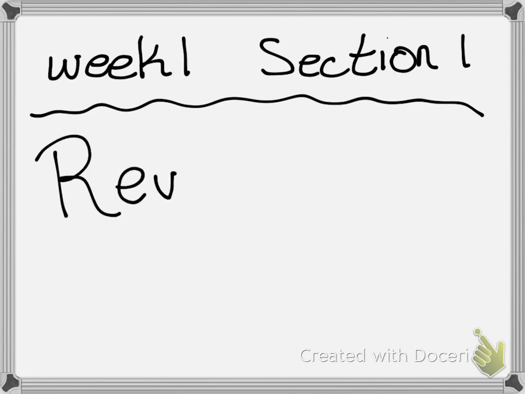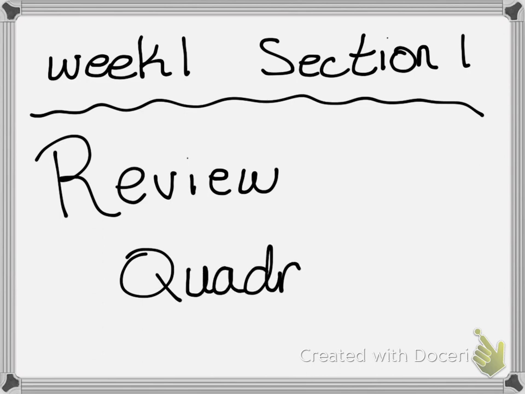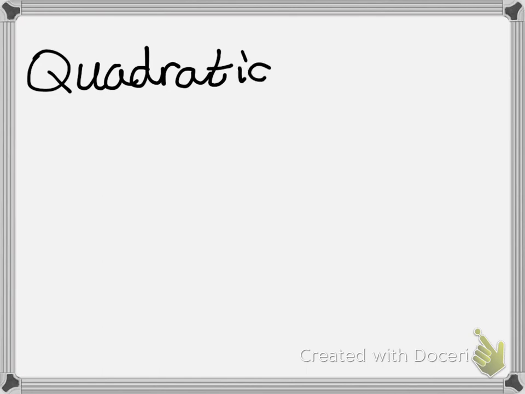Okay, week 1, section 1. We are going to take this first part to review what we did about quadratics before spring break. So this may seem like something that you are very, very confident with, so perfect, but we need to go over the stuff as well. So remember, a quadratic equation will be something that looks like this.